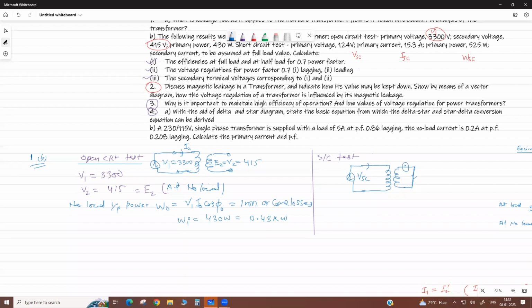Here we also measure the current, ampere. So it is ISC, short circuit current is measured, and here this is the applied voltage. Okay, so here it is your input current. Here we can measure that. This will give you short circuit current of transformer. Okay, secondary one I measure.